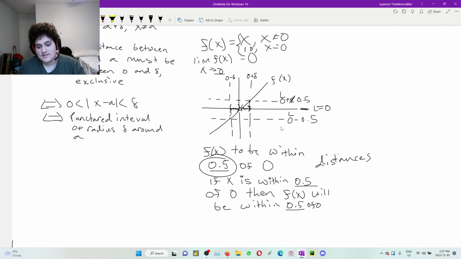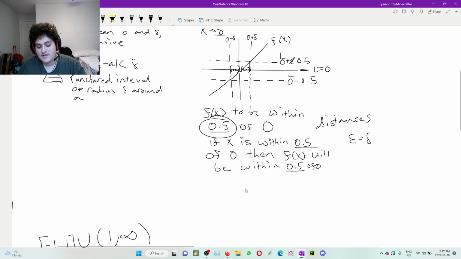And in this case, what's cool is you can actually just choose epsilon to be equal to delta, because if you ask me, okay, sorry, you don't choose epsilon. Epsilon can be arbitrary, but you choose delta, so you can choose delta to be equal to epsilon.